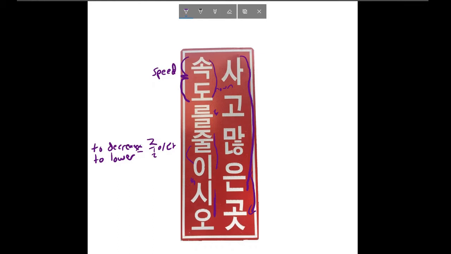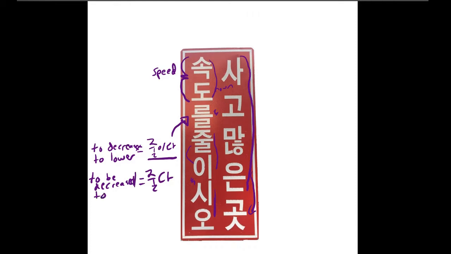Another verb that you might see is 줄다. 줄이다 would be an active verb that can act on an object, but 줄다 would be to be decreased, or another way you can say it is to be lowered. There are many different ways you can say it, but those are two general ways.